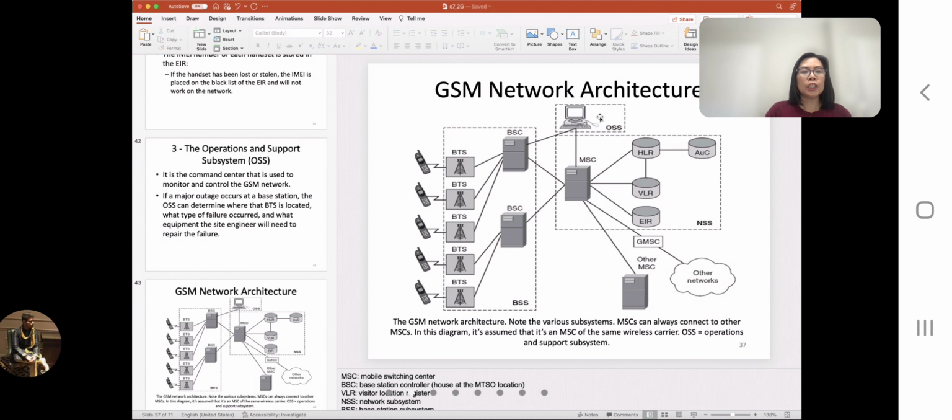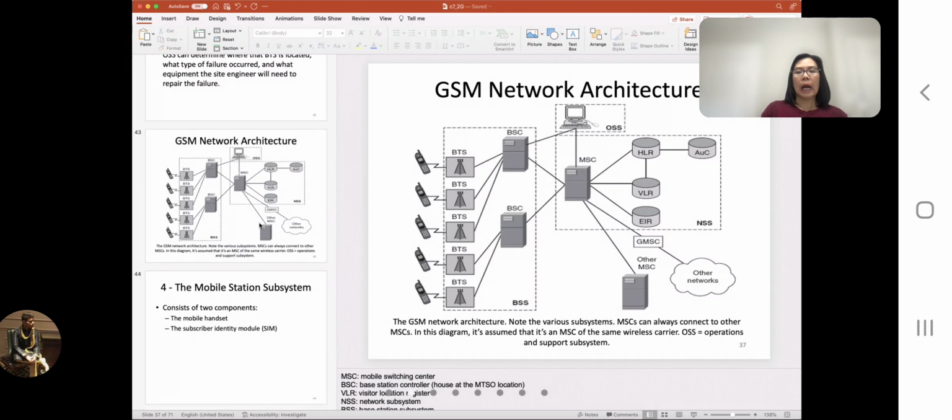If there's a major outage at a base station, then the OSS can locate that problematic base station, determine what type of failure has occurred and what kind of equipment an engineer needs in order to repair the failure, right? It has that kind of information. So again, it's considered the brain of the system. It monitors and controls the whole network.